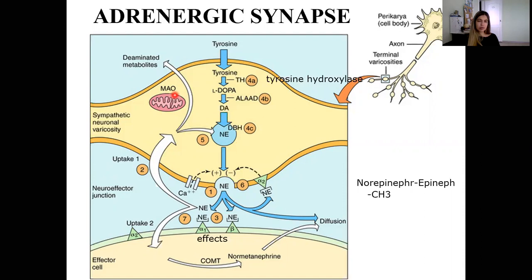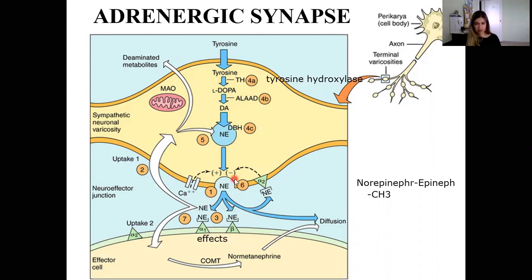Monoamine oxidase will deaminate this norepinephrine, and the deaminated metabolites will then be eliminated from the cell to the outer space. Okay, so this is what can happen with norepinephrine when it goes out from the vesicle to the synaptic cleft.